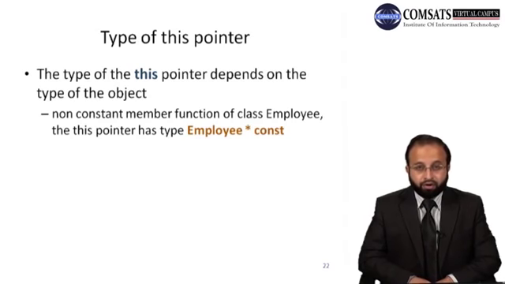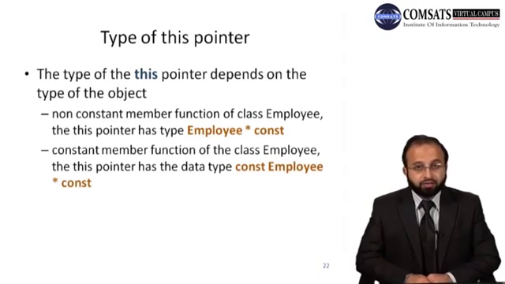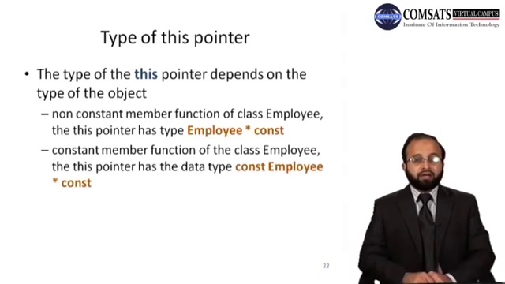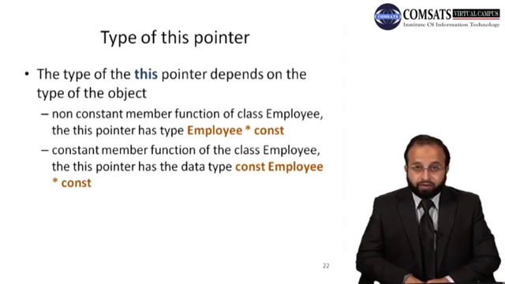Here the pointer is constant but not the object, right? And constant member functions are called by constant objects, and a constant object cannot call a non-constant member function, right? So this is what we have seen.